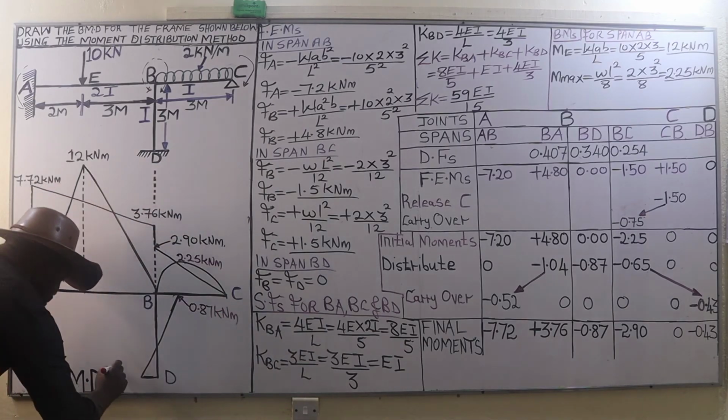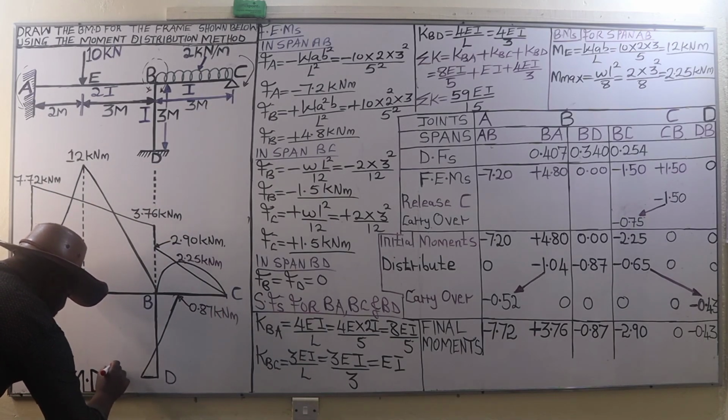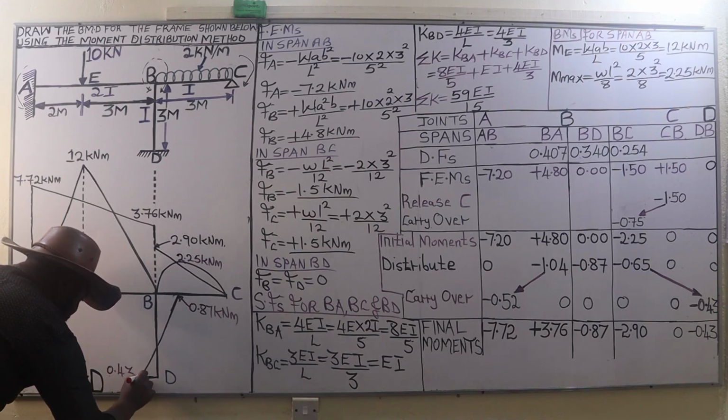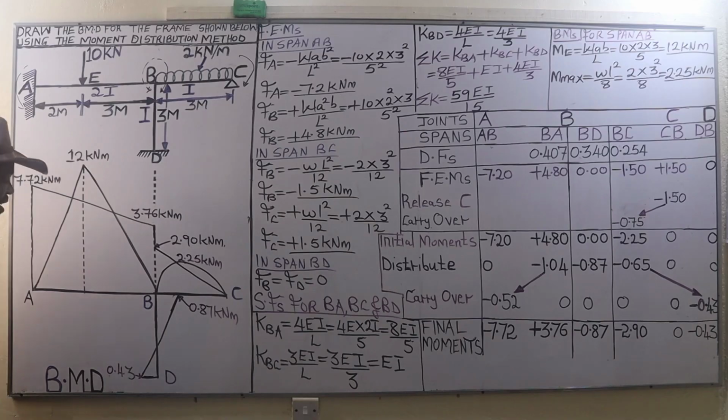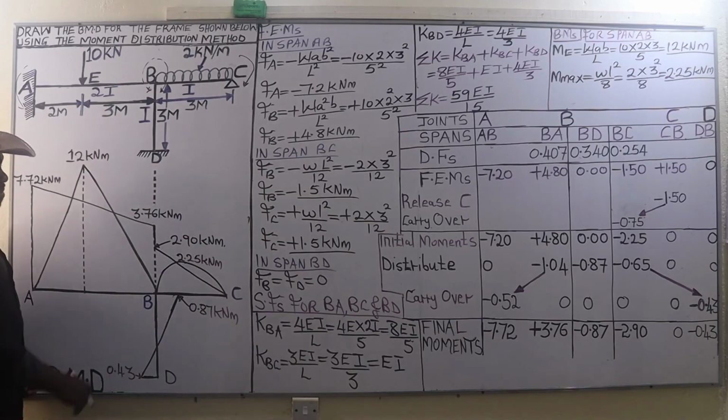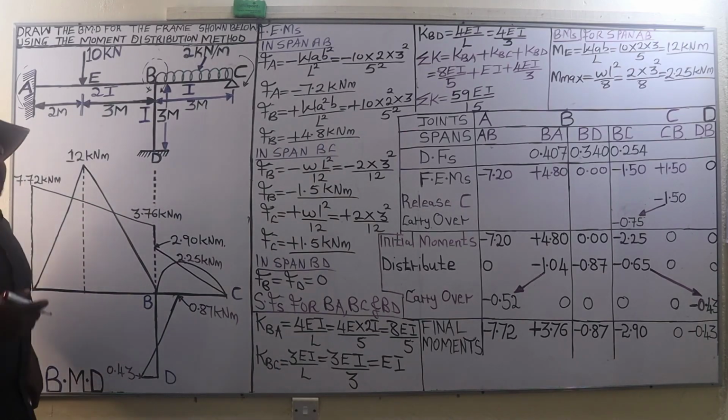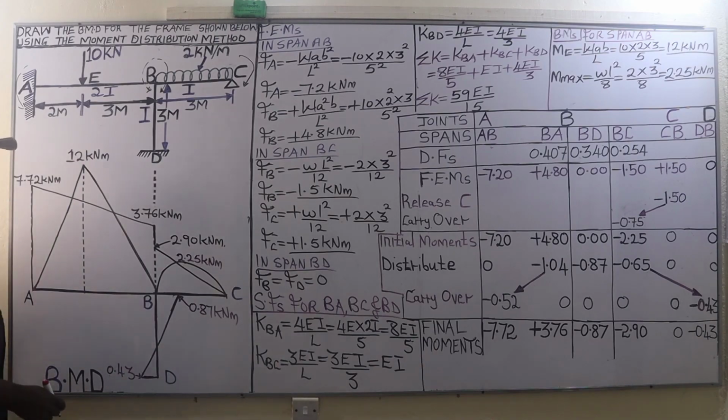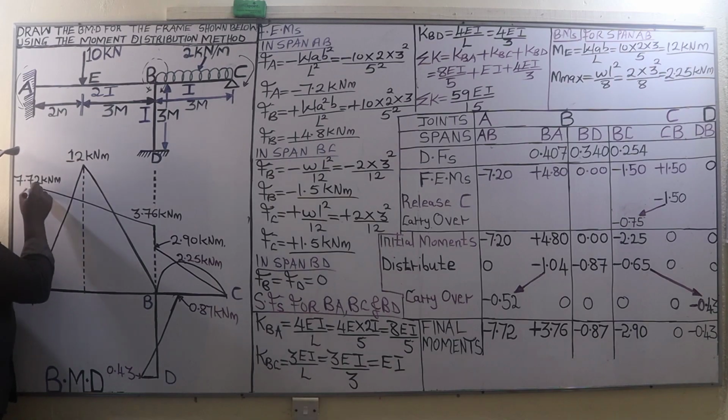And then at this point we got 0.43 kilonewton meters. So that's now our complete bending moment diagram, and to completely complete it, we are going to shade off its outline for it to be clear and visible.